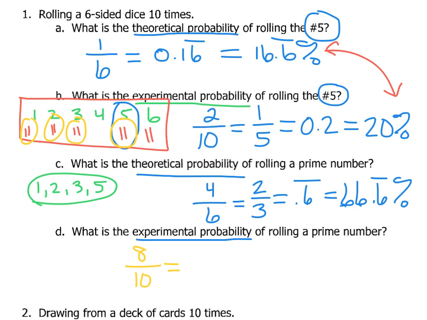So 8 out of 10 can be divided by 2, and it simplifies to 4/5. When I divide it, I get 0.8, which is the same as 80%. So experimental probability says that I would get a prime number 80% of the time. That's what actually happened. Again, notice that experimental and theoretical did not necessarily match.